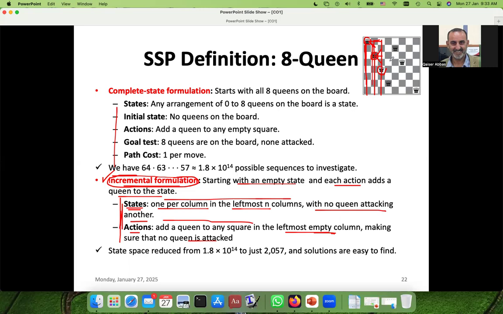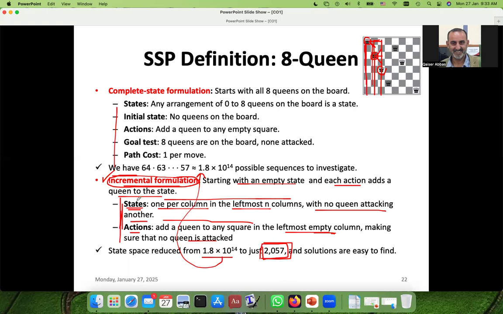And if you go with this approach, how many possibilities do you have to check? Only 2057. Not like this, which you have seen here previously. Too many, 1.8 times 10 to the 14. This is too much. But with this approach, you will have only 2057 possibilities to check.